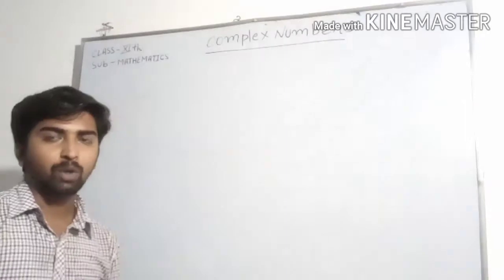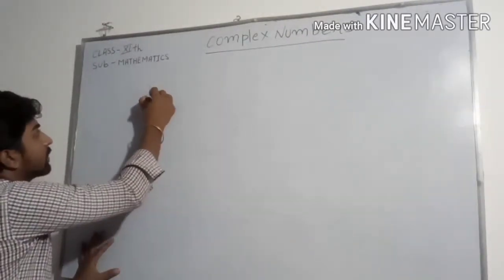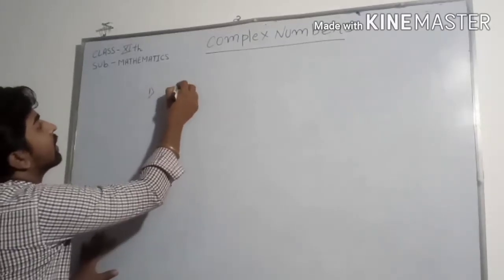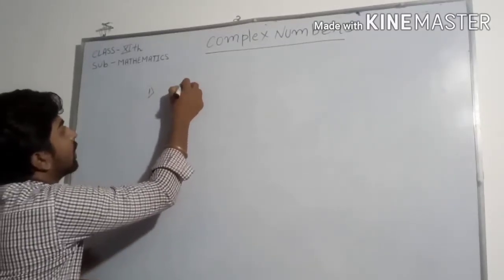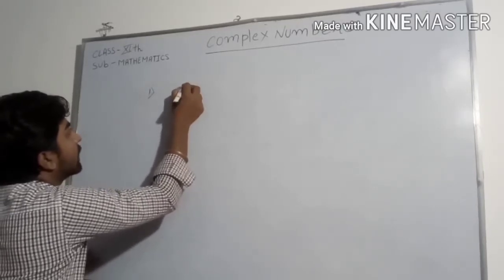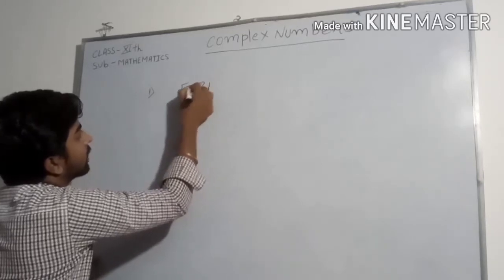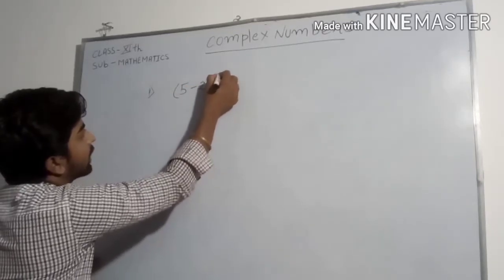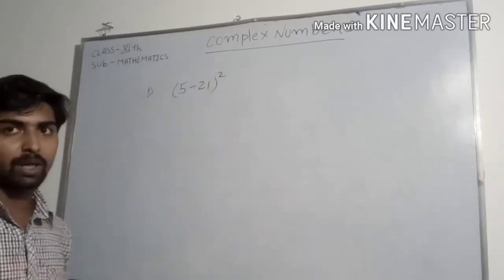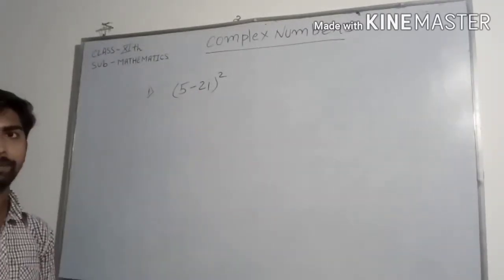Students, one problem is there, we have to find square of 5 minus 2i.